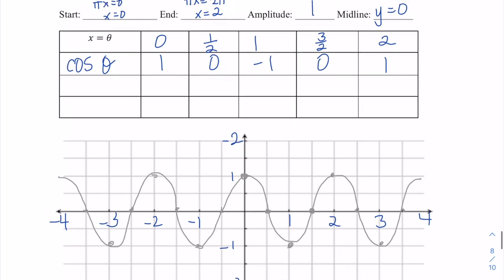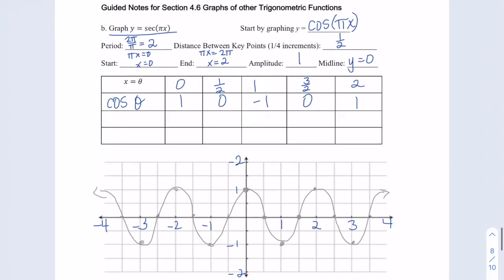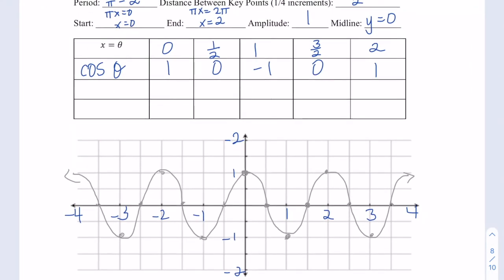And we're going to use this graph to graph the secant. So anytime we have a 0, or when cosine equals 0, that's going to be an asymptote. So lots of asymptotes here.